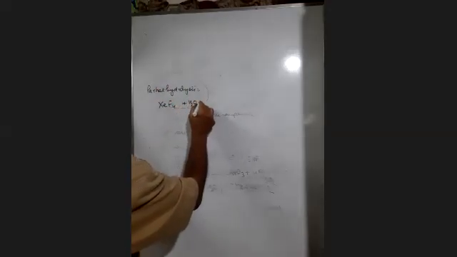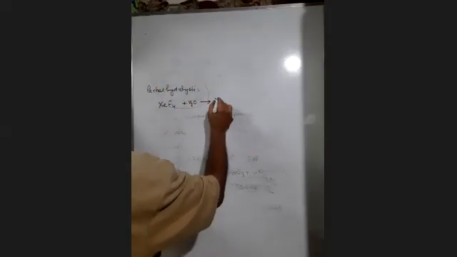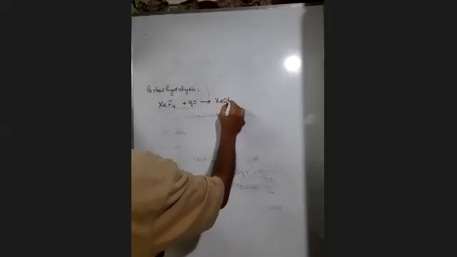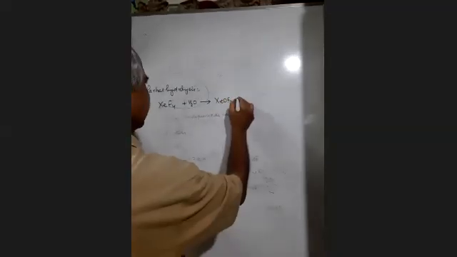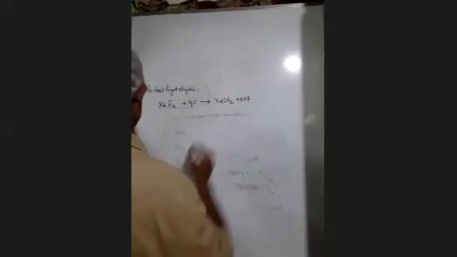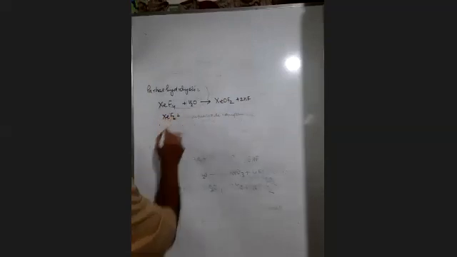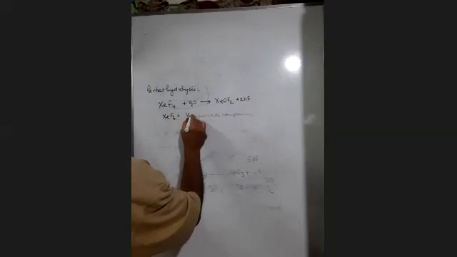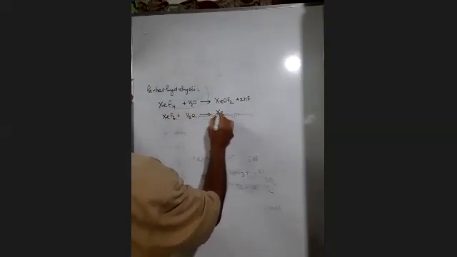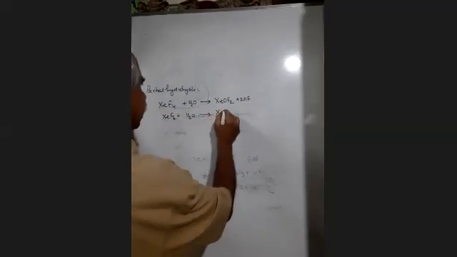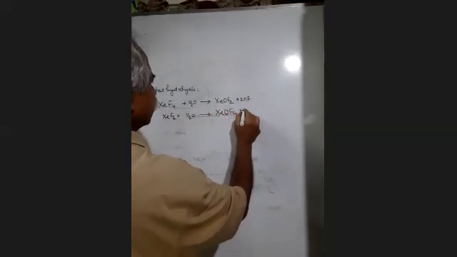Hydrolysis. So you will get now here XeF6 plus H2O gives xenon oxydifluoride plus 2HF. All the fluorine will not be removed. Then XeF6 plus 2H2O gives xenon oxotetrafluoride.